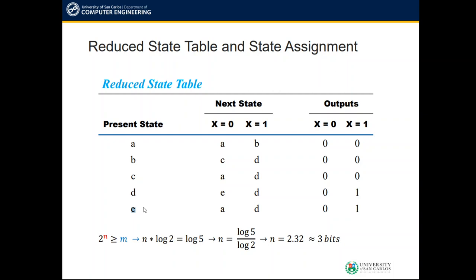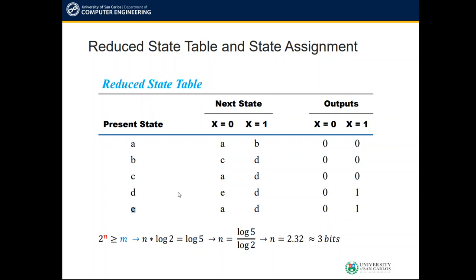But we want it in order, so A is 0, 0, 0, then 0, 0, 1, then 0, 1, 0, then 0, 1, 1, and then 1, 0, 0. The remaining unused codes are for other states, if there were 8 states.